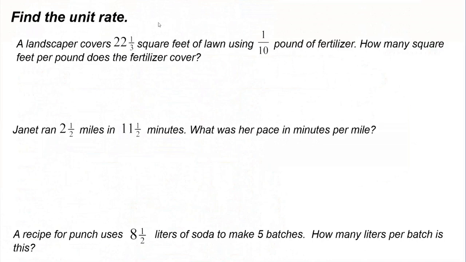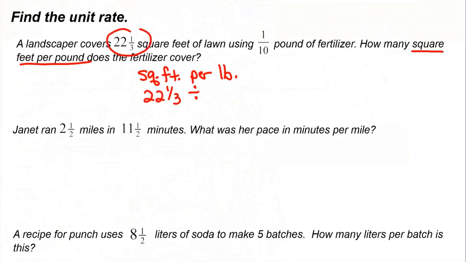A landscaper covers 22 1/3 square feet of lawn using 1/10 of a pound of fertilizer. How many square feet per pound does the fertilizer cover? So the unit rate we're looking for here is square feet per pound, and I'm going to let the words tell me how to divide. I'm just abbreviating the square feet and the pounds there. So I'm going to take square feet divided by pounds, and the square feet that it covers is 22 1/3.